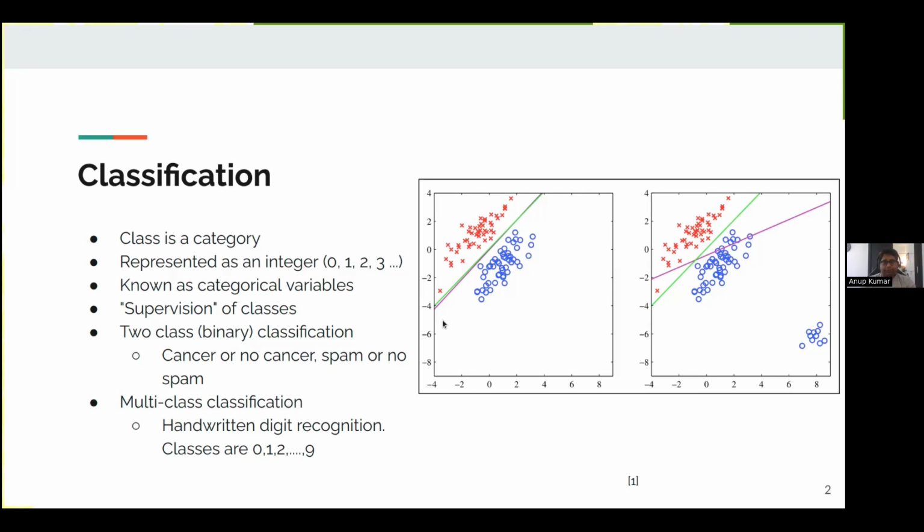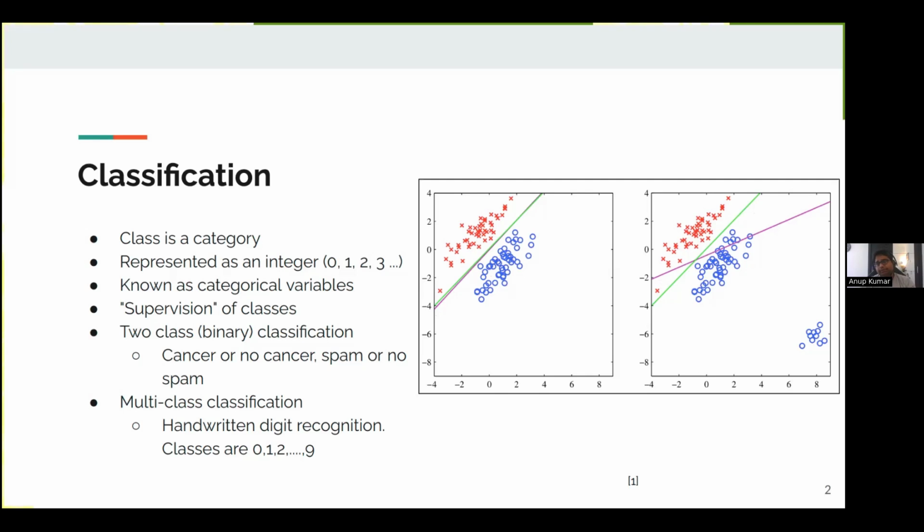In the example here, we can see there are two classes in a data set, the blue circles and the red crosses. And there is a decision boundary, which is red in color, which is learned, and the green one is the ideal decision boundary. In the second example on the right, we can see that the green one stays the same, which is the original decision boundary.